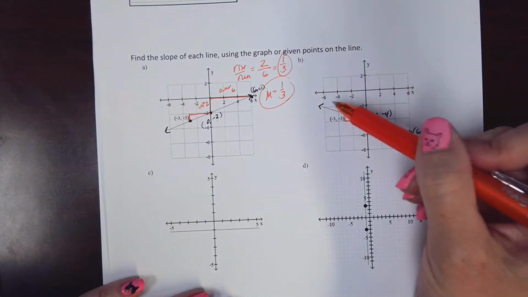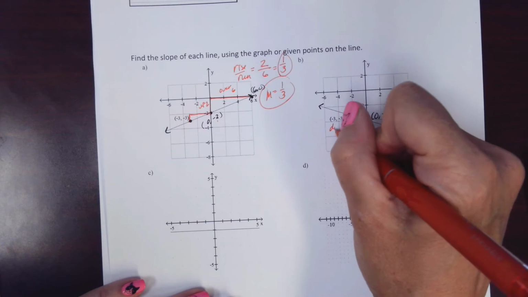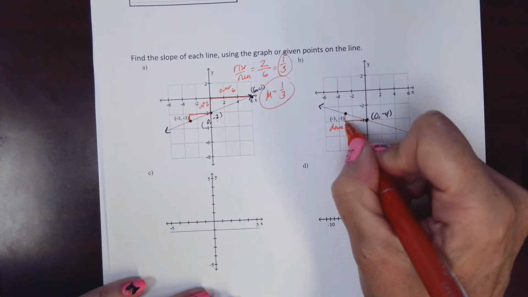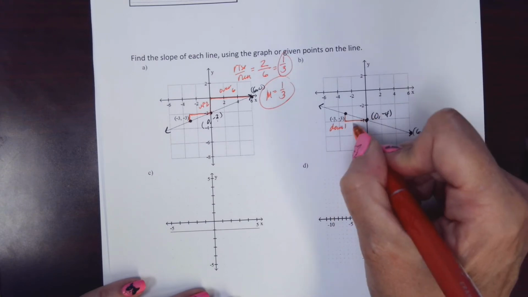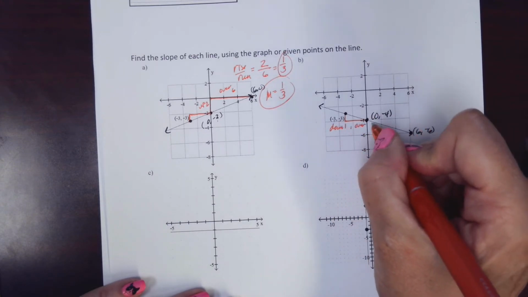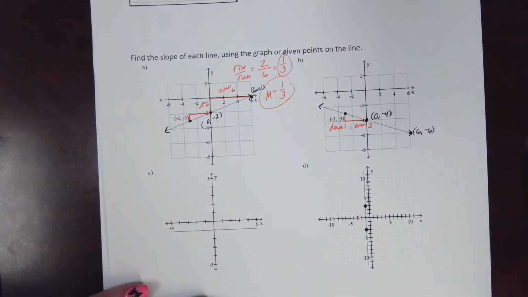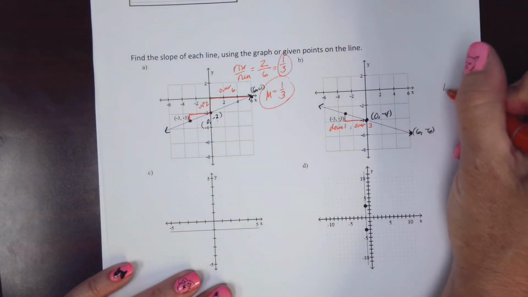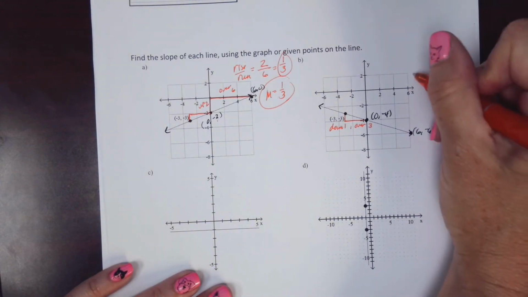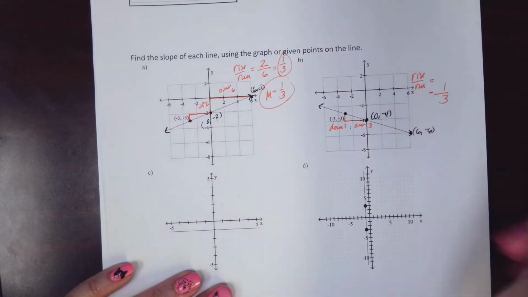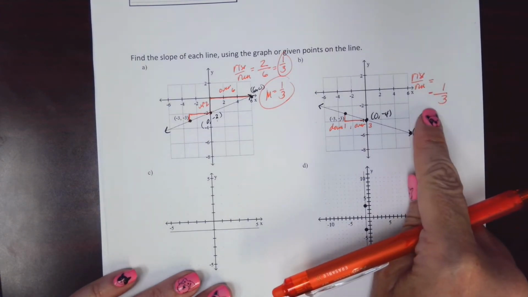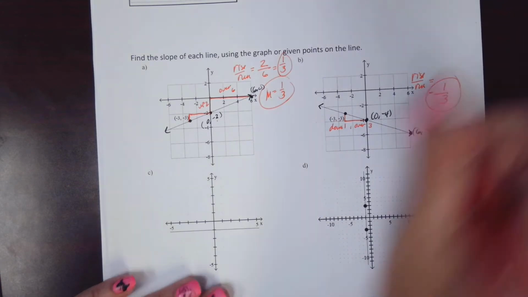If I go down from negative 3 to negative 4, that is down 1. And then I'm moving over from negative 3 to 0, so over 3. Rise over run, down 1 over 3, and I'm moving down, so it's a negative. Negative 1/3 is my slope.